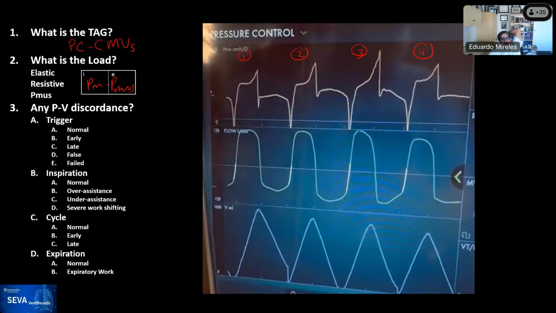Internal screaming, yeah, Mike. PMOS. So now, if you look at this in terms of the trigger, there you go. So now you're starting to see the PMOS during inspiration, the effort of the patient, and I want you to recognize that this is similar to the prior one, which is a normal trigger, right?